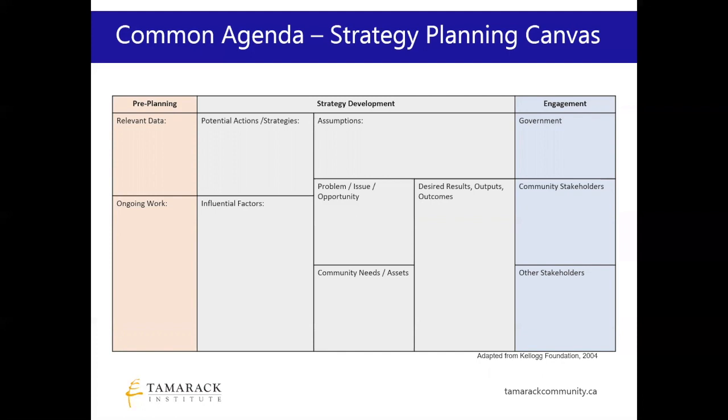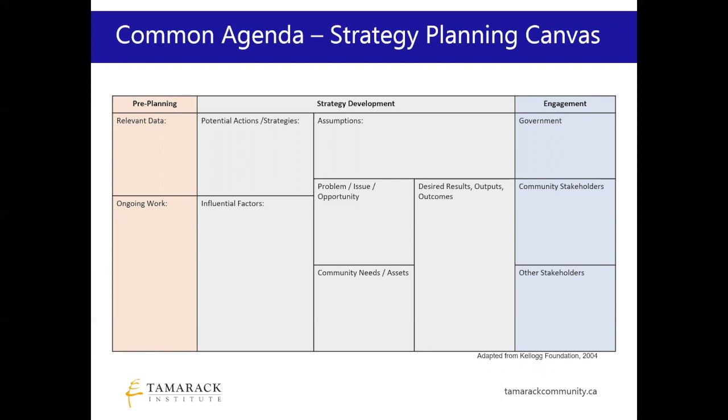And really what we need in order to better engage underrepresented youth is to help youth know that those programs and services exist. And so that might be an influential factor that will lead into a strategy of better communication or better mapping or better service delivery in our community.